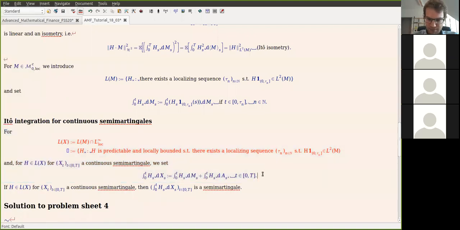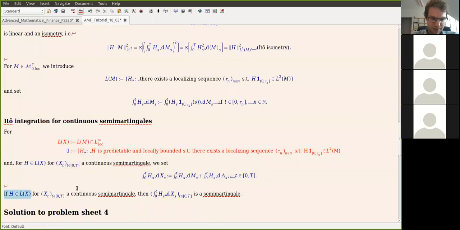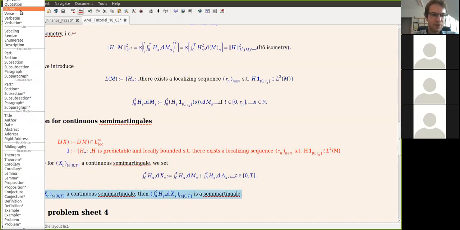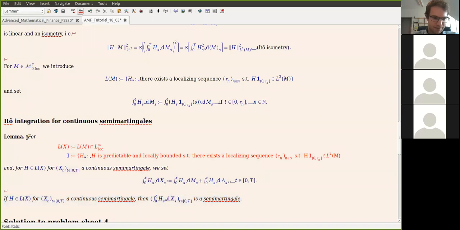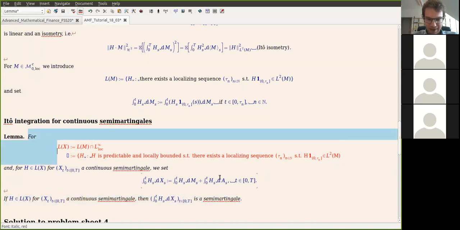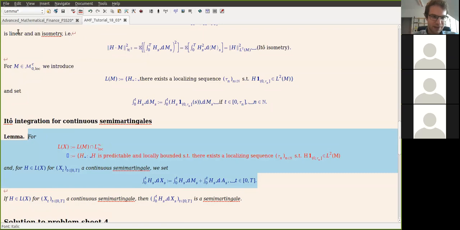Because we know if you have an Itô integral, so a stochastic integral with respect to a local martingale, it's again a local martingale. I will make it nice after the lecture.